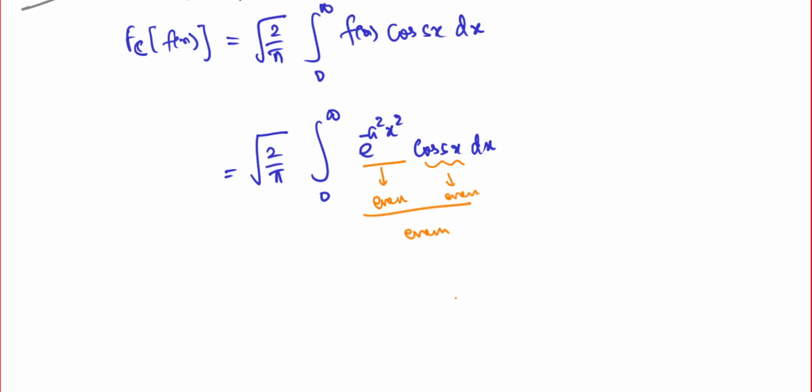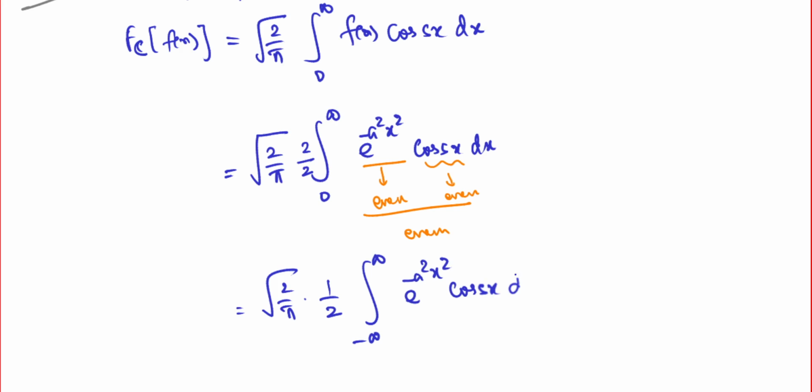That means I can write this expression as square root of 2 by pi into 1 by 2 times, multiplying and dividing by 2, so the 2 times the integral from 0 to infinity of an even function can be written as 1 by 2 times the integral from minus infinity to plus infinity of e to the power minus a square x square cos sx dx.